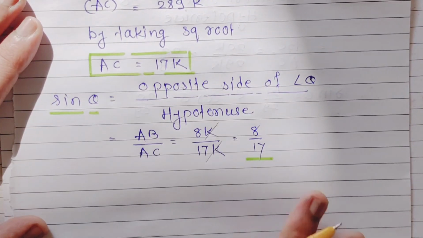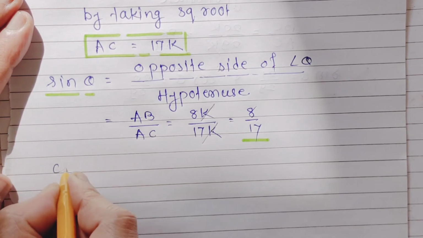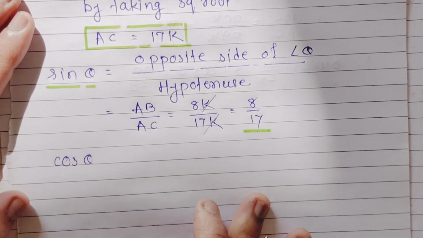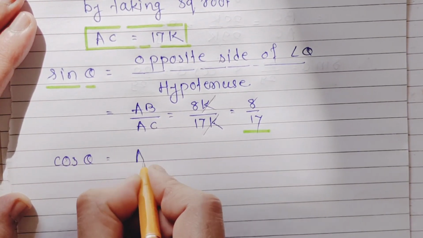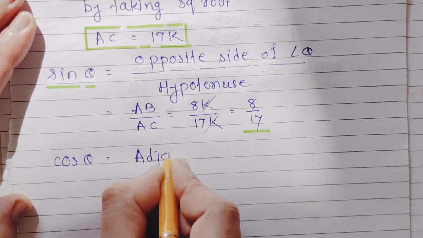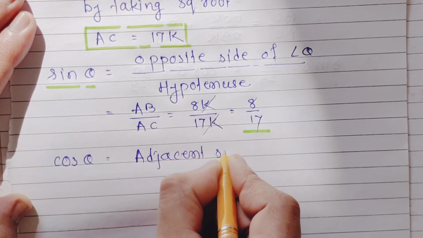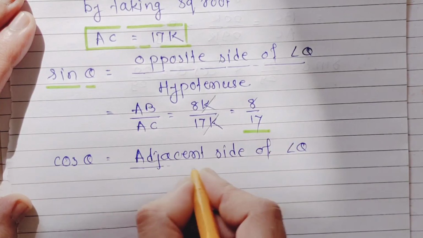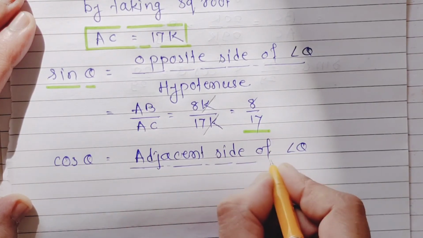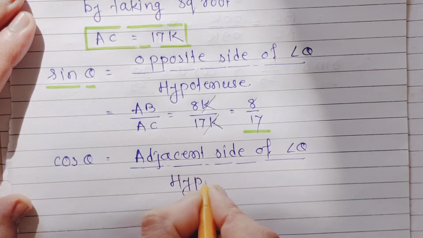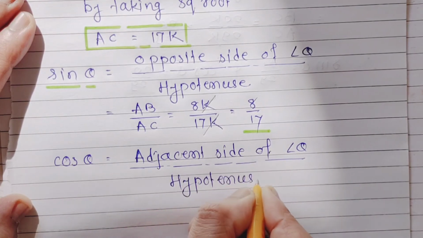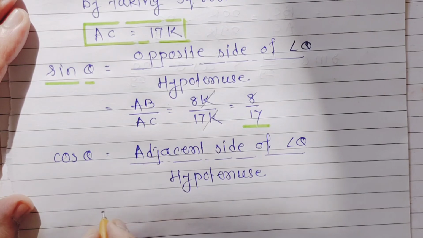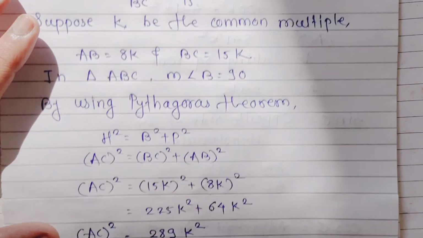Then cos theta. We know the ratio. Cos theta is equal to adjacent side upon hypotenuse, the adjacent side of angle theta upon hypotenuse. So see the figure.